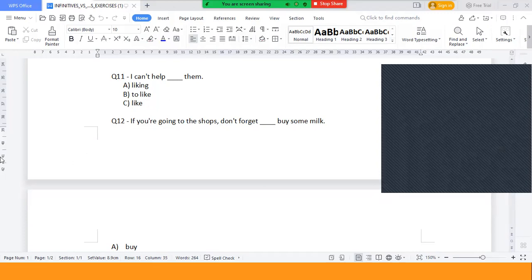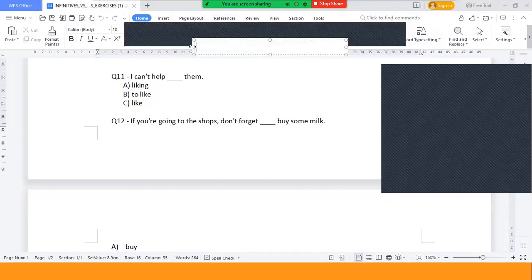The structure normally is I can't help. In English, there is a very usual sentence when talking about a man: he can't help being a gentleman. This is a very usual sentence in English.